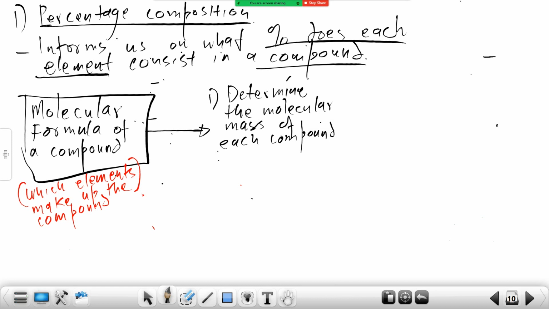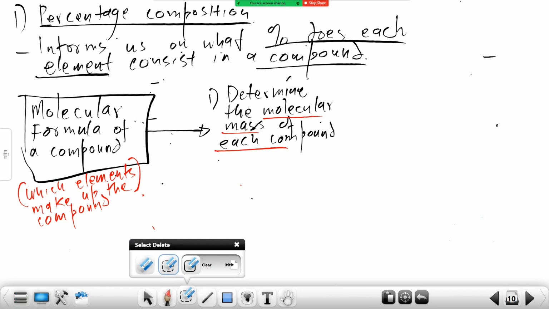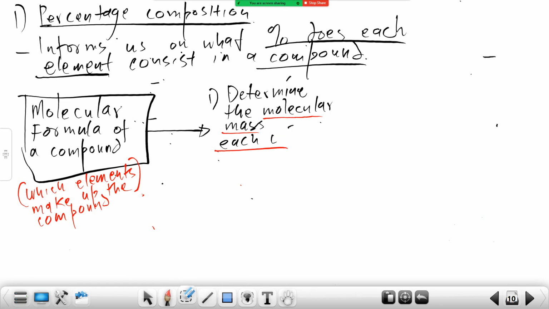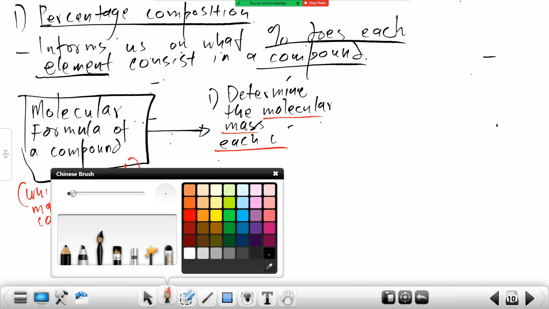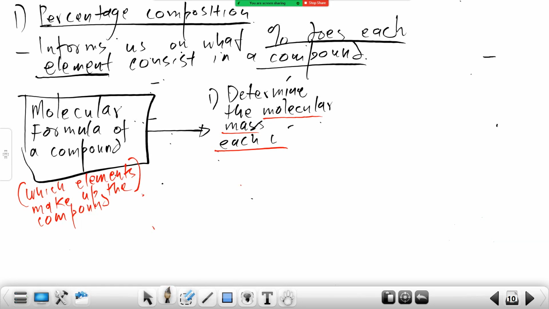So I have identified the elements. Thereafter, I now determine the molecular mass of each element. It's not a compound but an element, because I have already identified the elements that make up the compound.